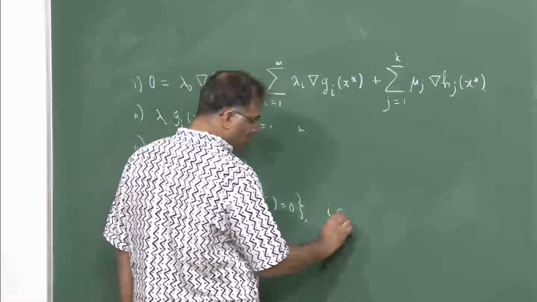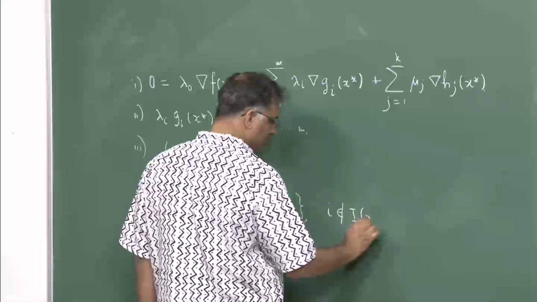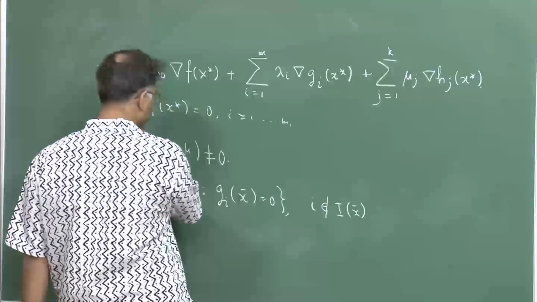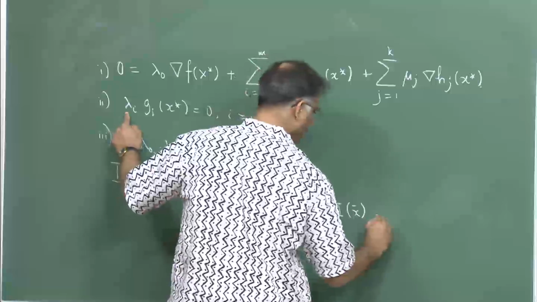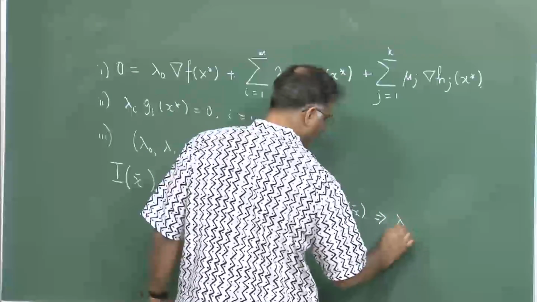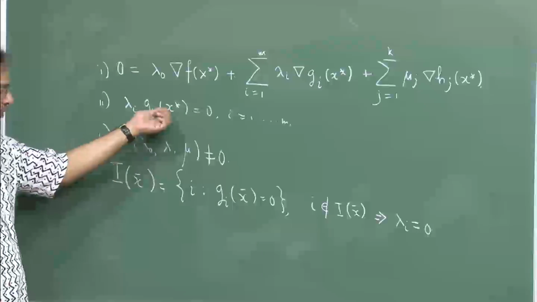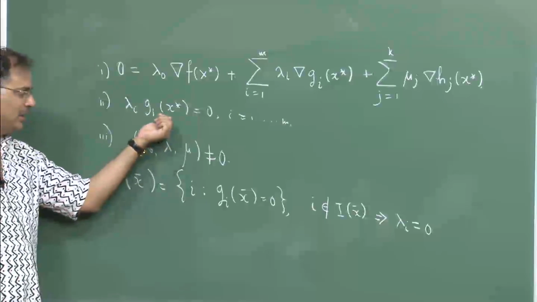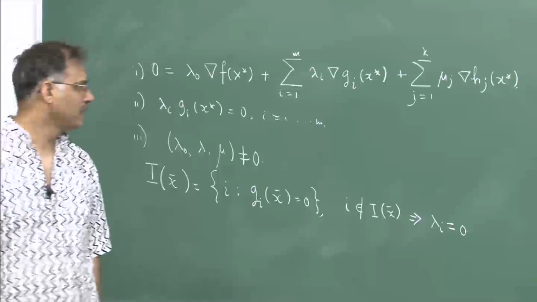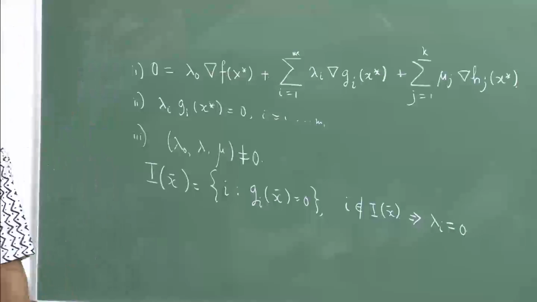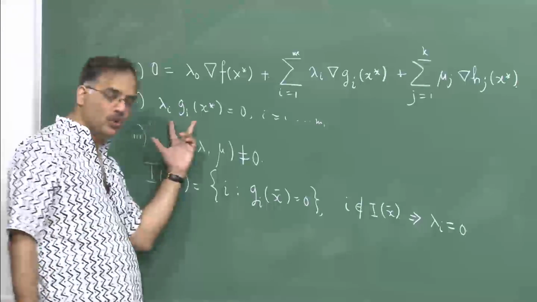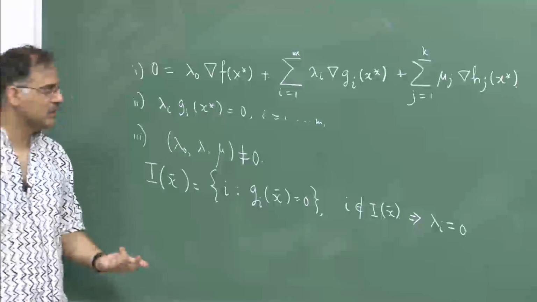If i is not an element of I x bar, then condition number 2 would imply that lambda i is equal to 0, because a product has to be 0. If one of them is strictly less than 0, the other has to be 0. That is the meaning of complementary slackness: both of them cannot hold with strict inequalities at the same time.